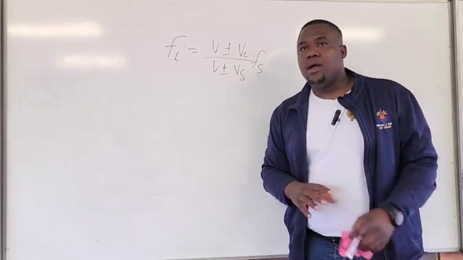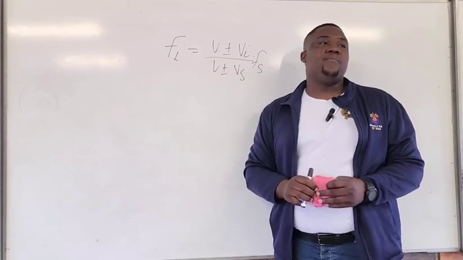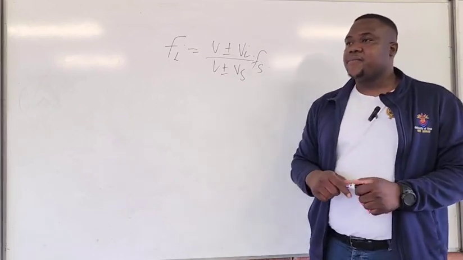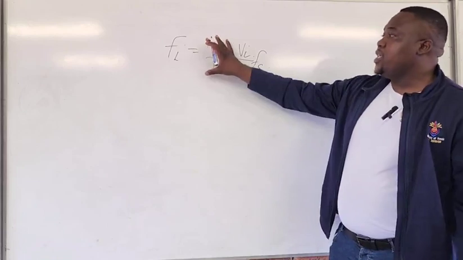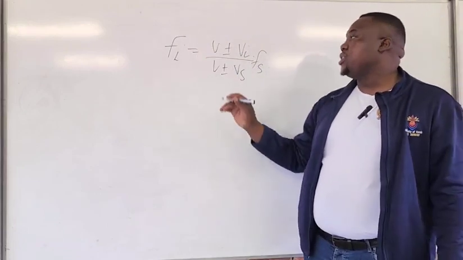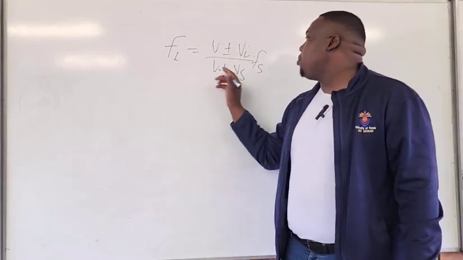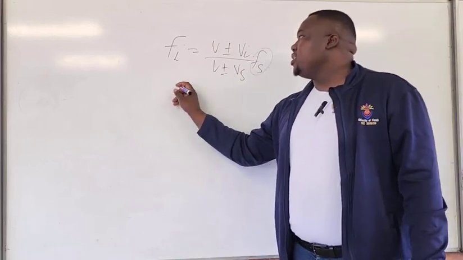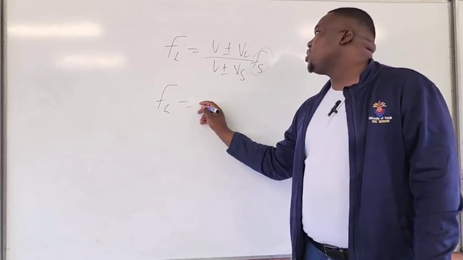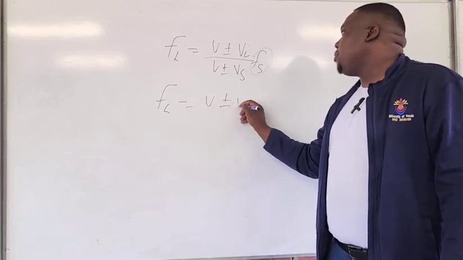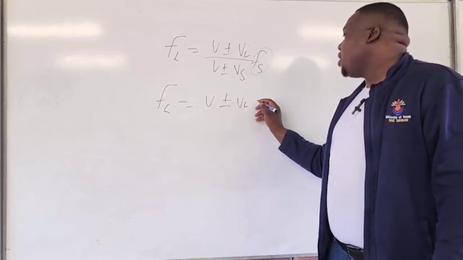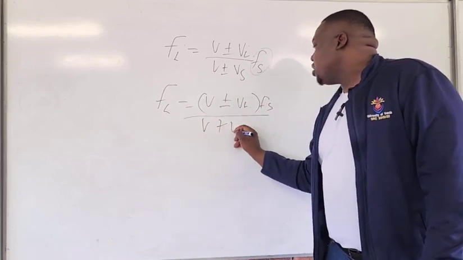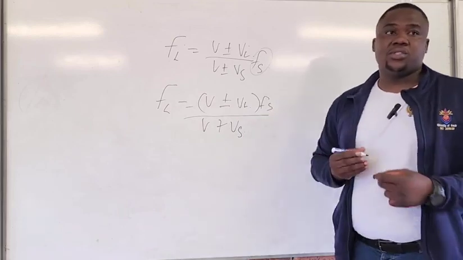We need to use some of our knowledge from mechanics about physics. What I need you to notice here is that in this formula, we have Fs here. In general, this formula is like this. Do not be confused by the position of Fs. Sometimes you can be confused when you are solving.